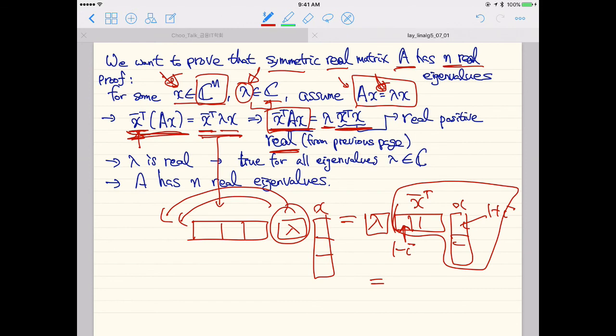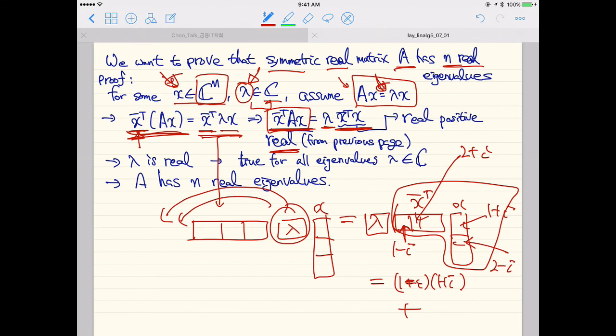Similarly, if this one was 2 minus i, the second will be 2 plus i, and when multiplying them, it will always give you a real number.